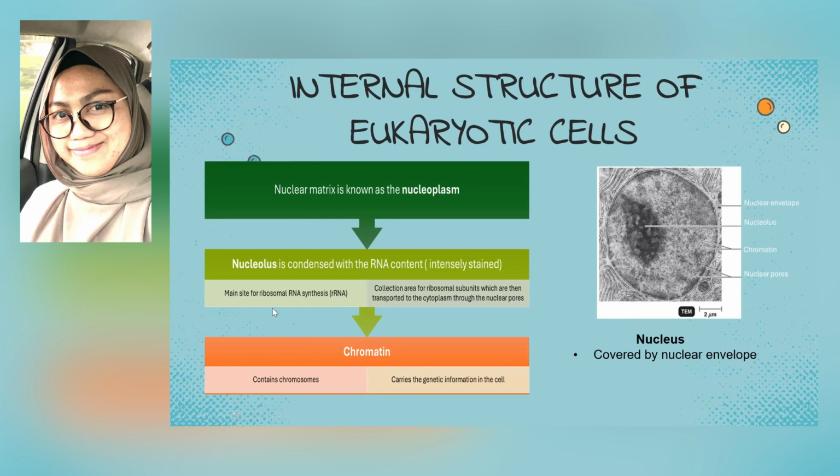The nucleolus is the main site for ribosomal RNA synthesis, and also a collection area for ribosomal subunits, which are then transported to the cytoplasm through the nuclear pores. The chromatin in the nucleus contains chromosomes and carries the genetic information in the cell.